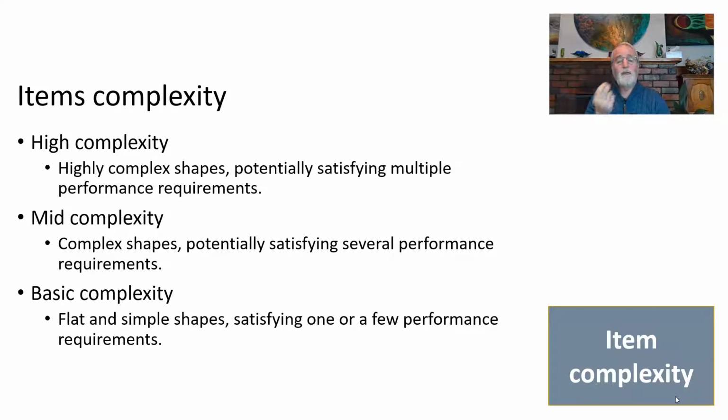We can have a mid-complexity shape where we've got a complex shape with potentially several performance requirements. And we can have a basic complexity where we've got a relatively flat and simple shape, maybe rectilinear. It satisfies one or a few performance requirements. It could be something that satisfies relatively significant performance requirements and still be relatively simple in shape, and that would be a mid-complexity unit.